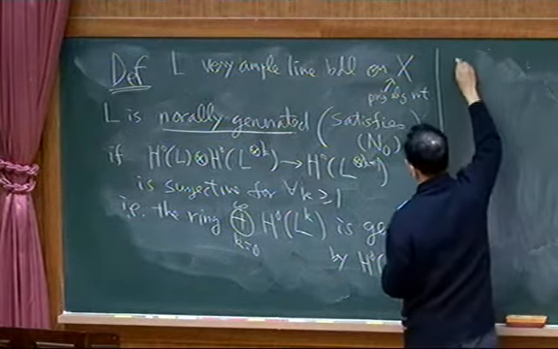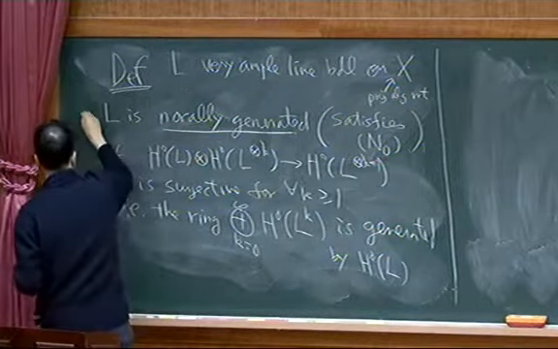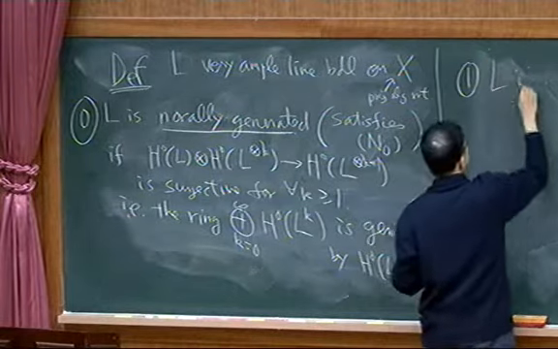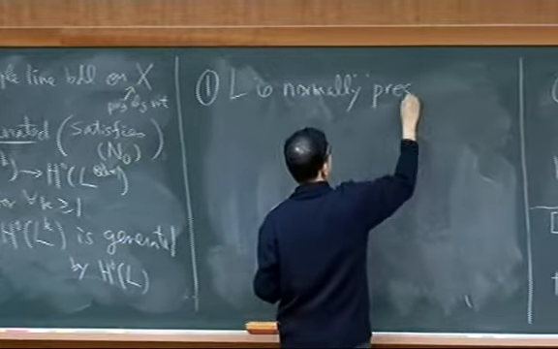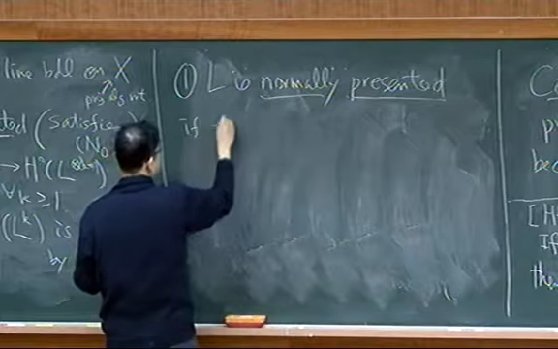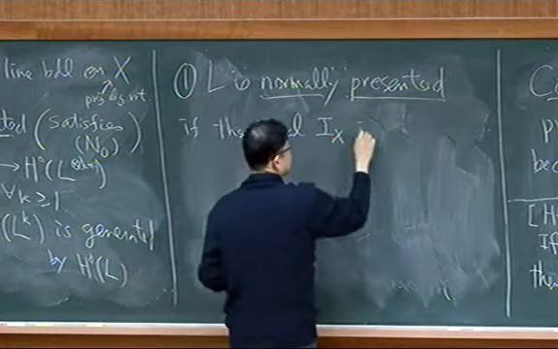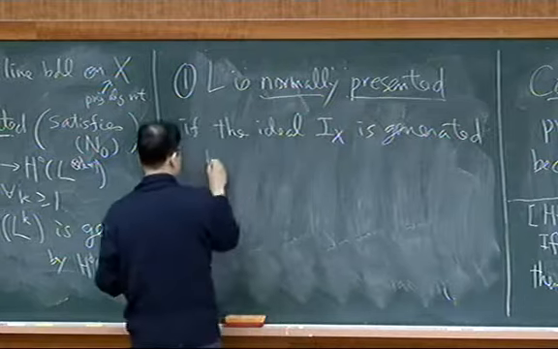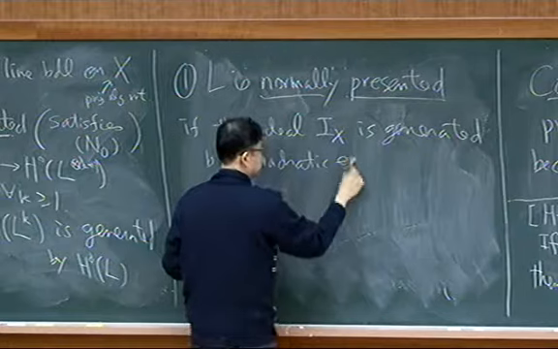And the second definition is that under the same assumption, so let's call this maybe 0. Right, 1. L is normally presented if the ideal I_X is generated by quadratic equations.